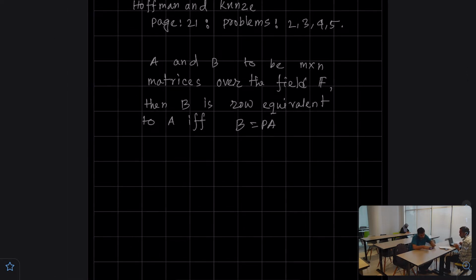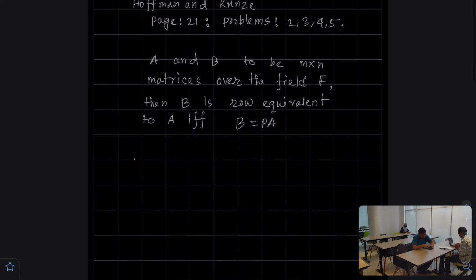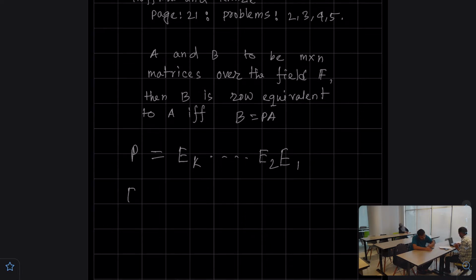So the idea is P is something like E_k, ..., E2, E1, and then B equals E_k, ..., E2, E1 times A. Since A and B are matrices of size M cross N over the field F, B is row equivalent to A if B equals PA.